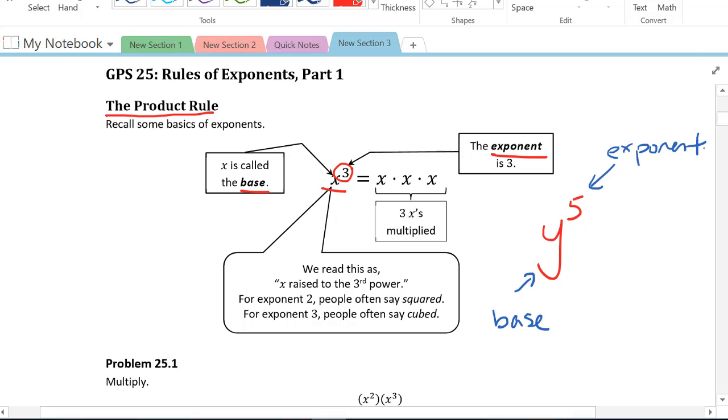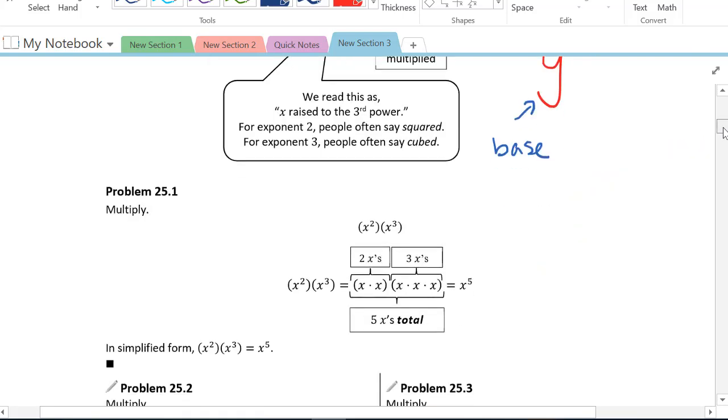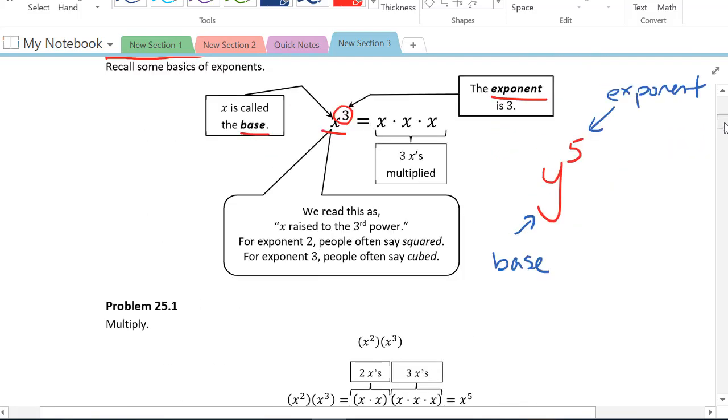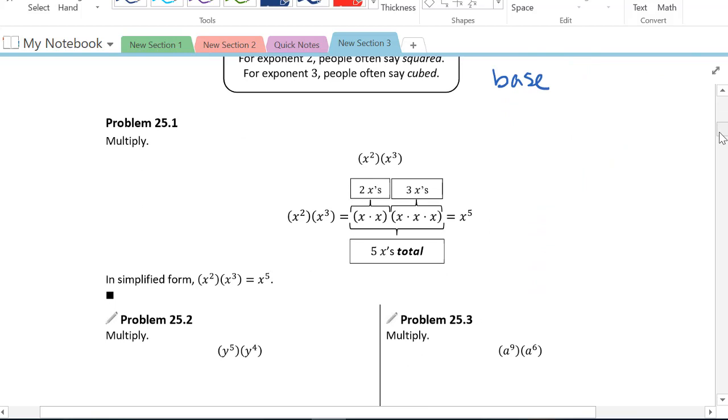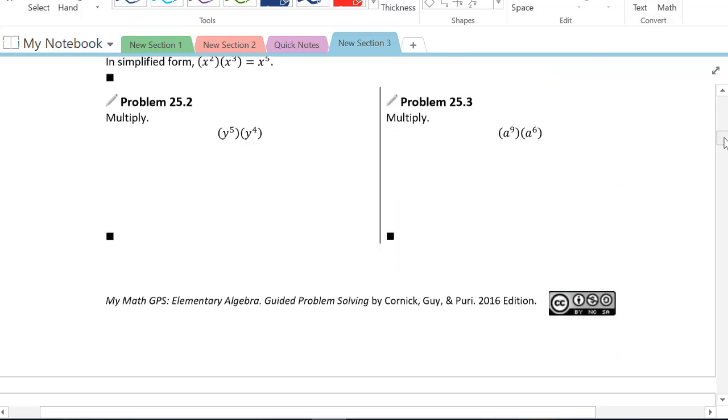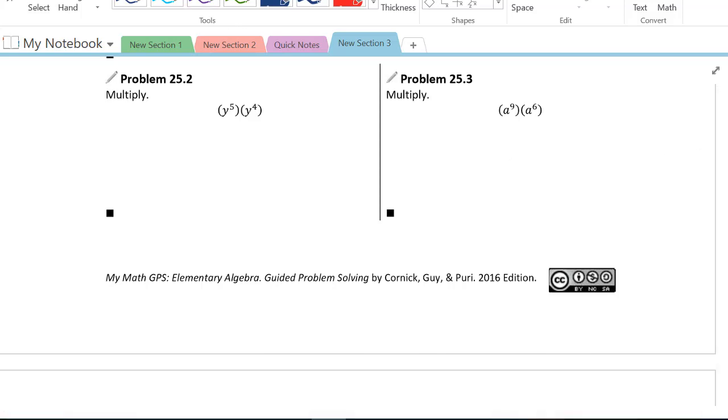All right, let's see how this product rule works. So the product rule says that if I'm multiplying two terms, I add their exponent. Okay, so if I'm multiplying, I add their exponent. So if we look at 25.2, oh, and one thing you have to remember is that we can only add their exponents if they have the same base.